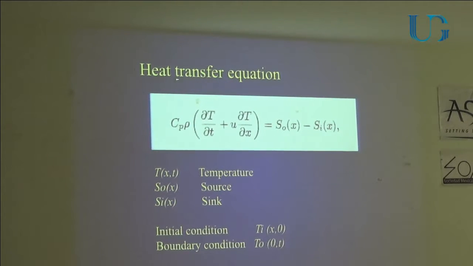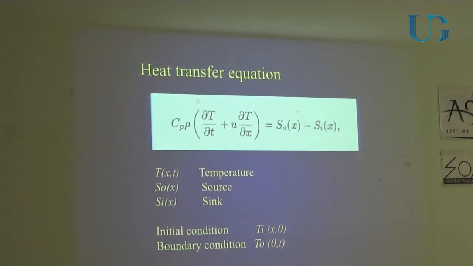Well, it would be the familiar heat transfer equation with time dependence and also a convective term. And I will consider, in principle, a source that is volumetric for this model and a sink, right? So T is temperature, S0 is source, and Si is sink.